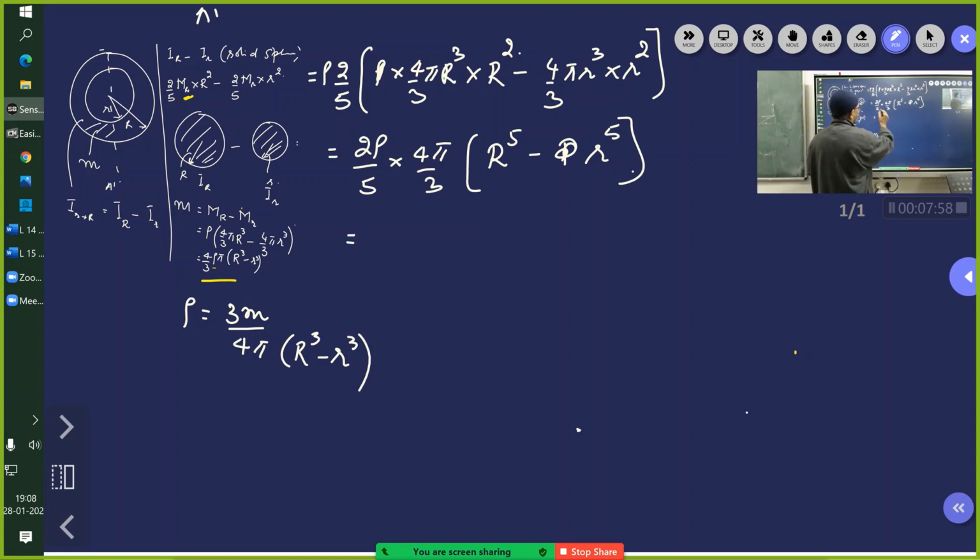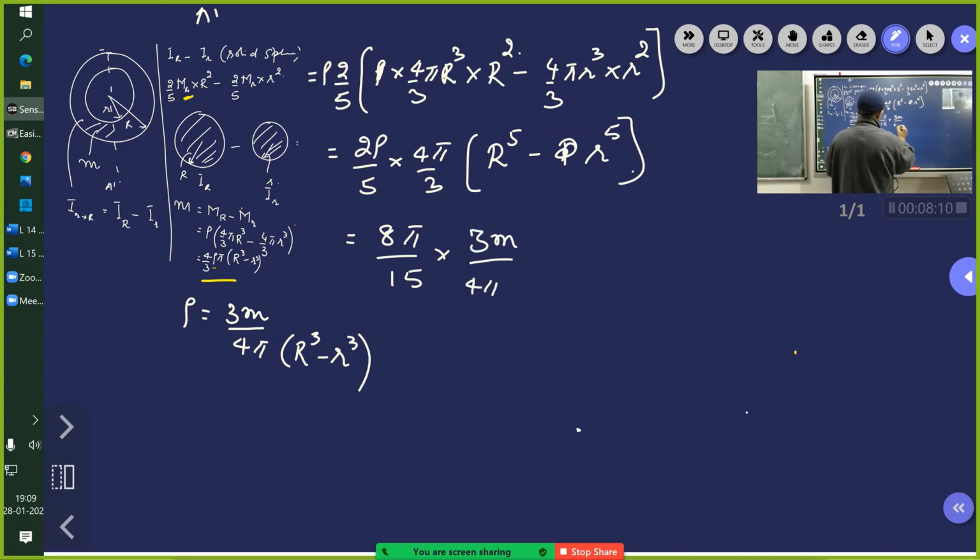So 2 fours are 8 pi by 15 into the rho, where rho will be 3M by 4 pi into R cube minus small r cube, and in the numerator I get R to the 5 minus r to the 5.